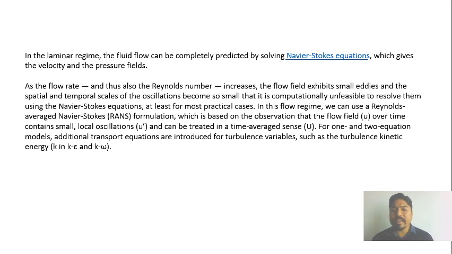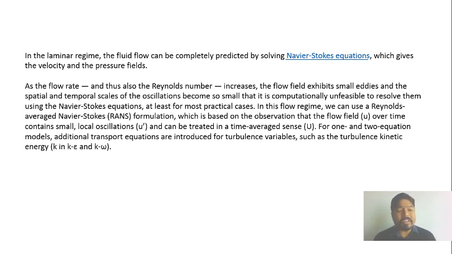In this flow regime, we can use the Reynolds averaged Navier-Stokes equations, or formulations, which are based on the observation that the flow field with respect to time contains small local oscillations and can be treated in a time average sense for one and two equation models.